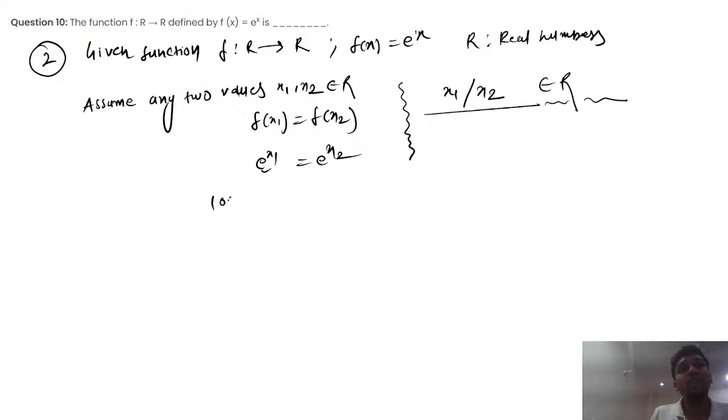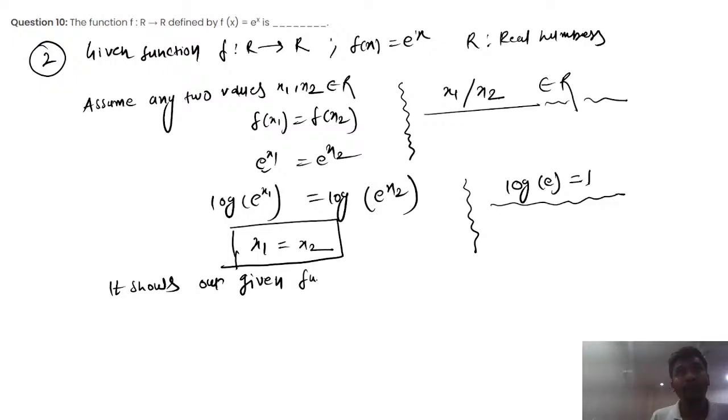Now can we take log on both sides, log of e to the power x1? f(x) equal to e to the power x is one-one. What is the property of a one-one function? Can anybody tell me?